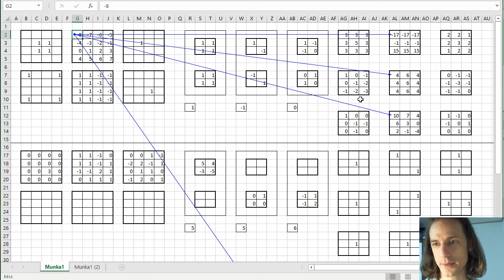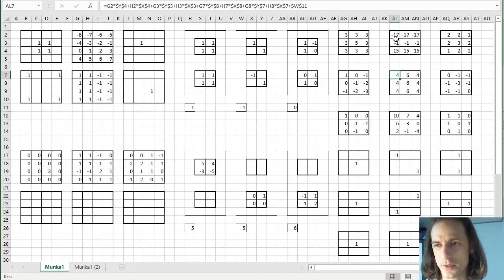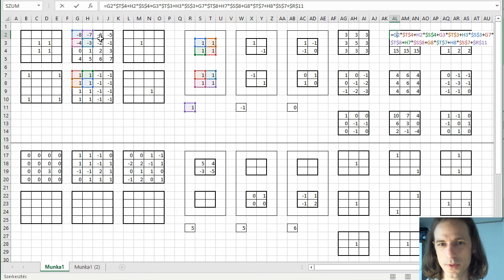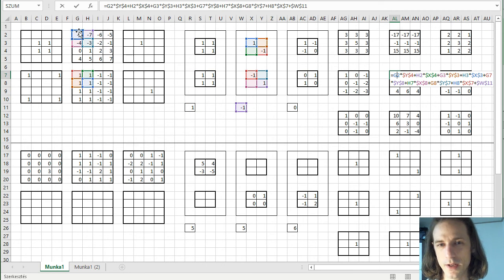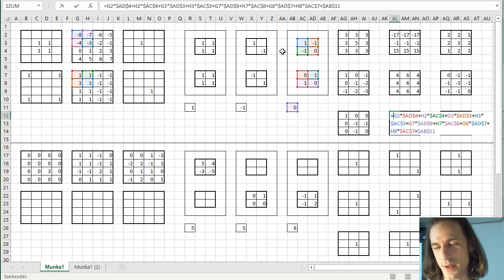A lot of things, but don't care about this one because this is going to be for the backpropagation. So this one influenced these outputs. Let me delete this. So these three, it was these three. So this one was influenced by this multiplied by this value, and here it was multiplied by this value, and here it was multiplied by this value.